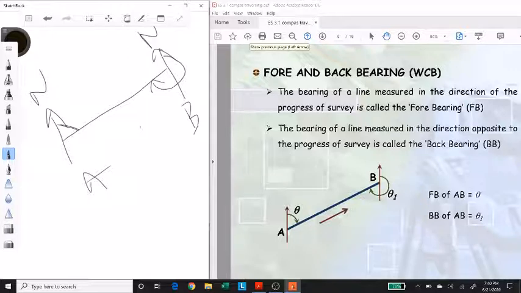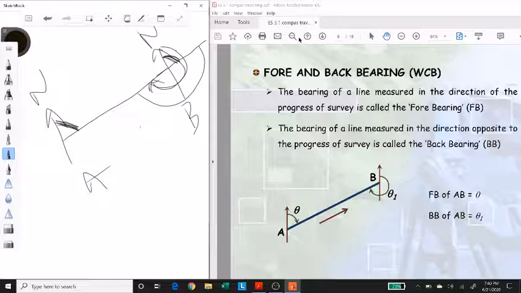Now the important thing to remember is that the difference between the forward bearing and the back bearing is always 180 degrees. And you can see it over here in this figure. If you project this line further, now what is this angle? This angle is similar to the angle over here, right? So if you subtract from the back bearing of the line BA this angle, you are left with 180 degrees.